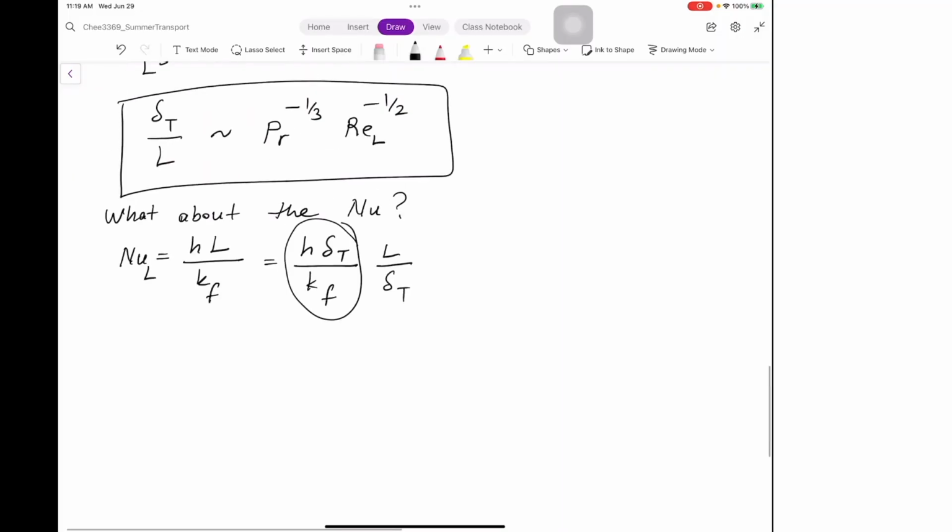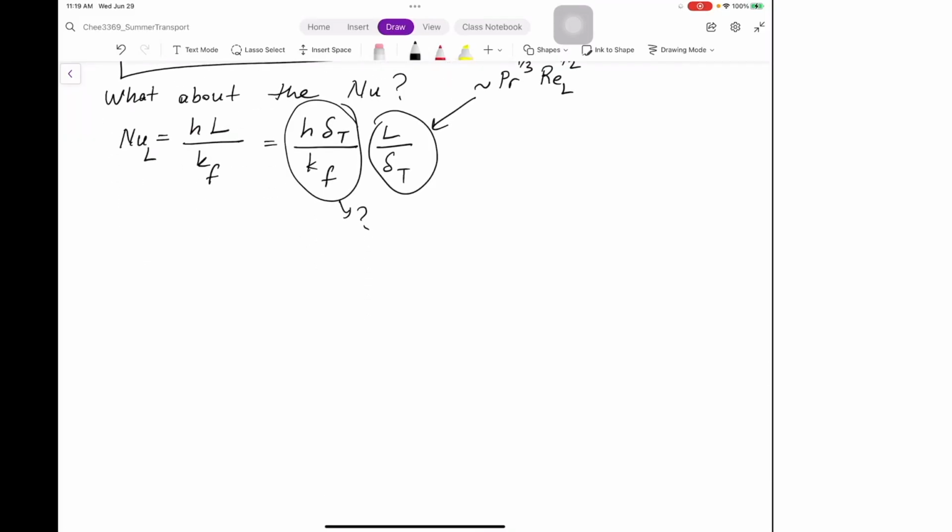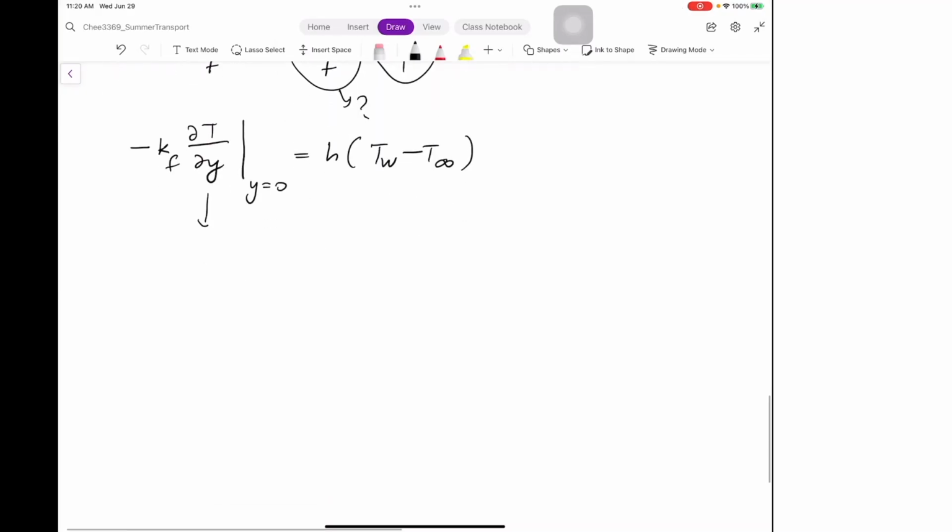So I know this thing can be Prandtl number 1/3 times Reynolds number L 1/2. But what about this? Right? So let's try to figure it out. Now we can write down again the same equation as we did before. Minus K fluid dT over dY at the wall, Y equal to 0, is equal to the convection H times T wall minus T infinity. And then do the scaling analysis.